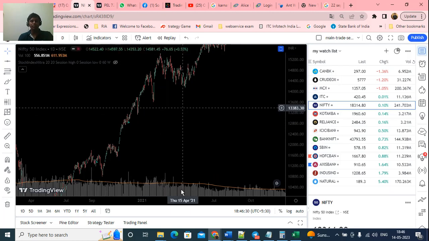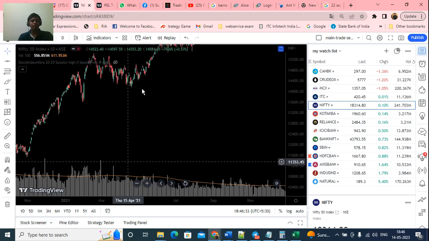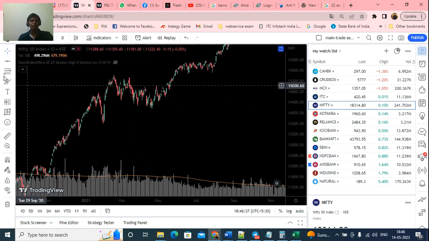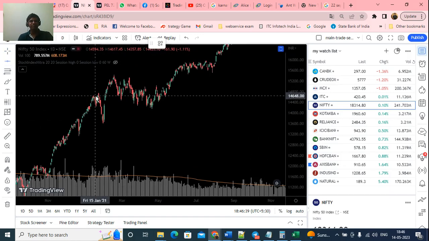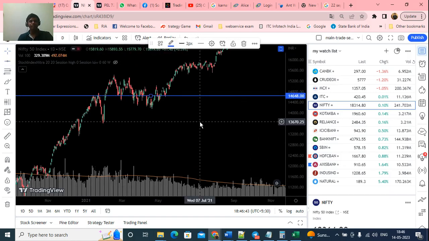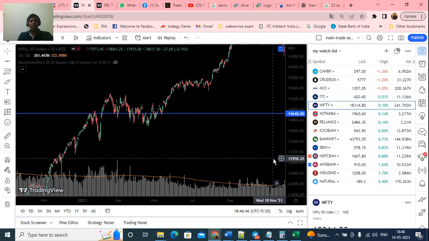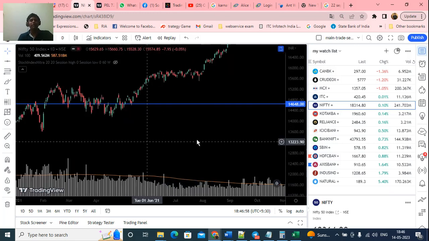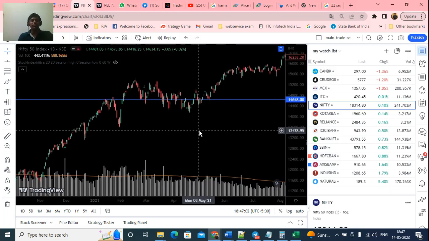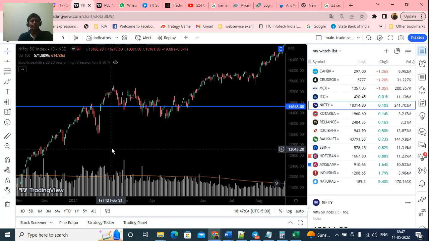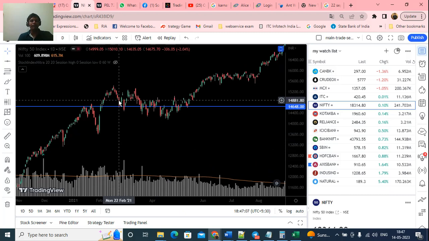Why are we looking at these dates? We want to see whether the existing trend is changing or not, and based on the confirmation, we will act. So 27 Feb 21 is this candle. You see the fall, the fall is this one.